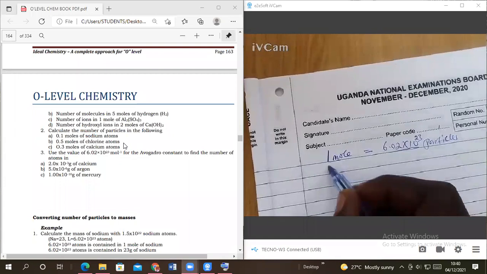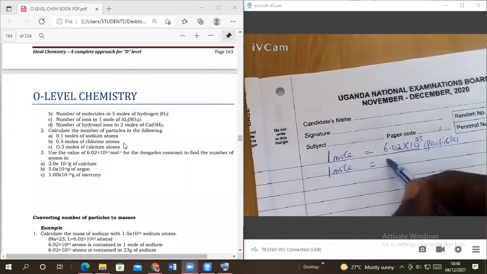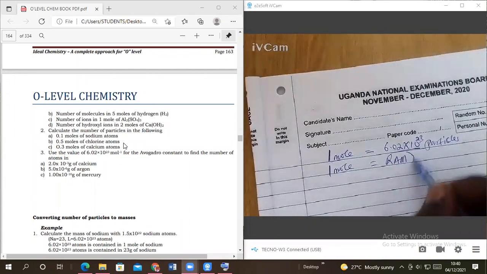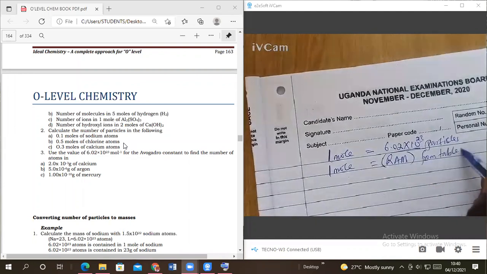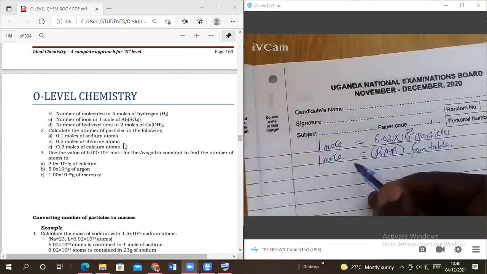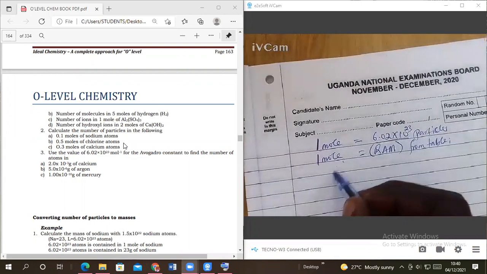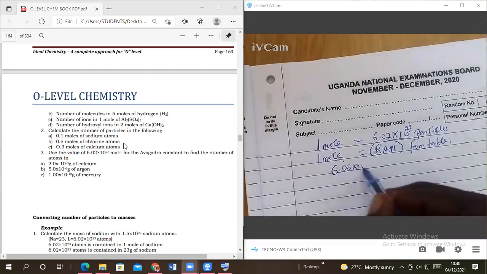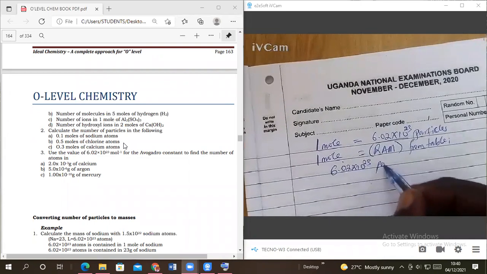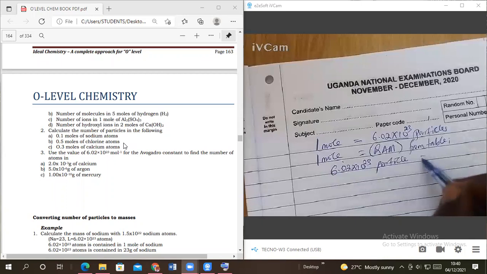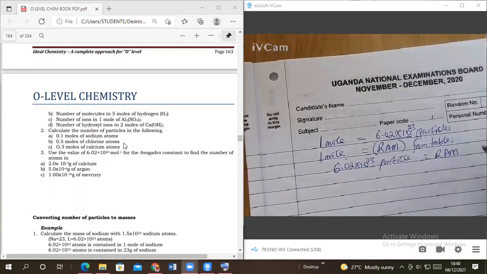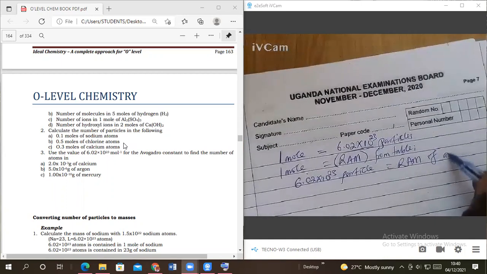Second, 1 mole is also equivalent to the relative atomic mass of any given substance, and you obtain this from the table. If it is not given, you check the table. Also, since this is equal to this, then 6.02 times 10 power 23 particles are equal to the relative atomic mass of any given substance, or any element.